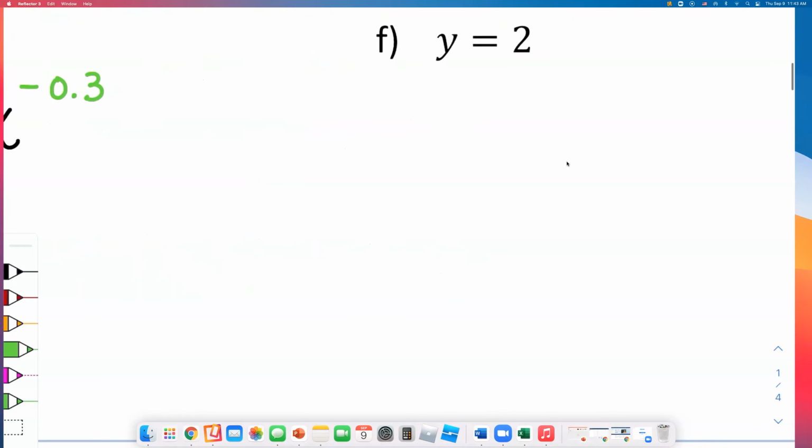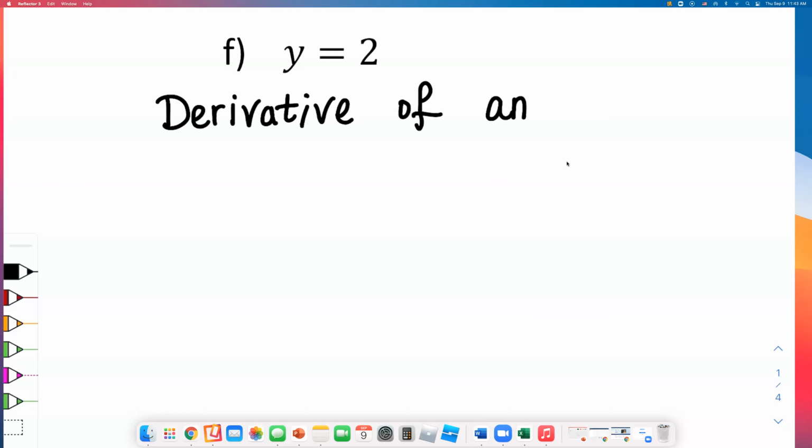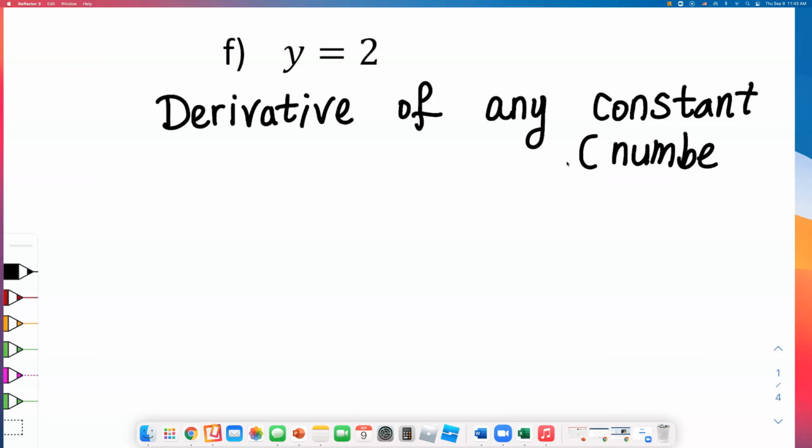Last one. All right, I'll just give you the rule and I'll show you why that rule is true, okay? Derivative of any constant, what do I mean by constant number, okay, is always 0.